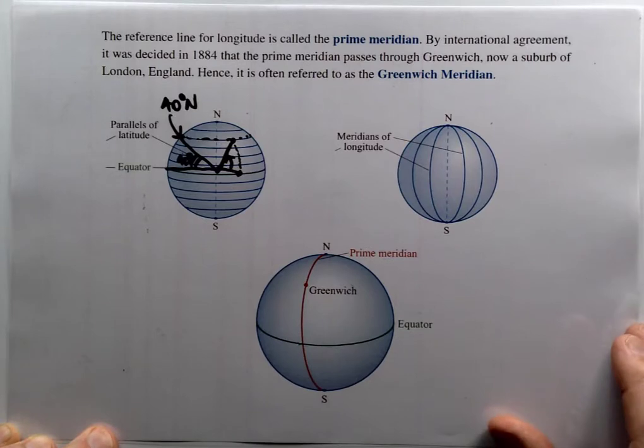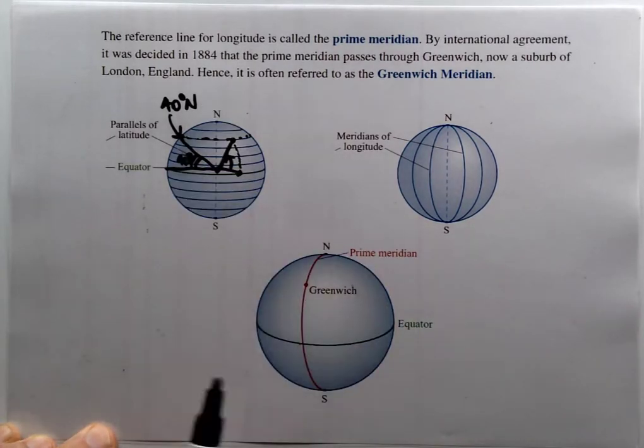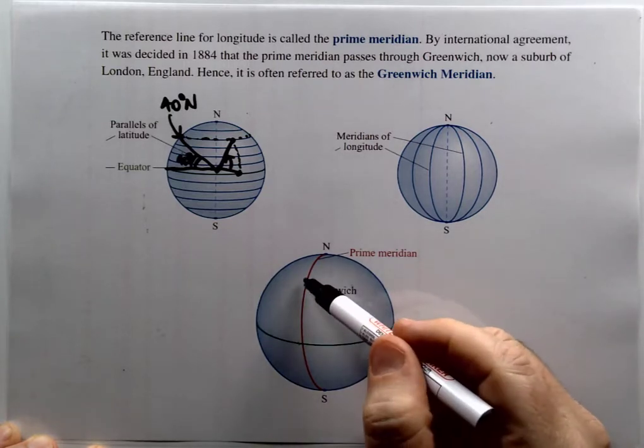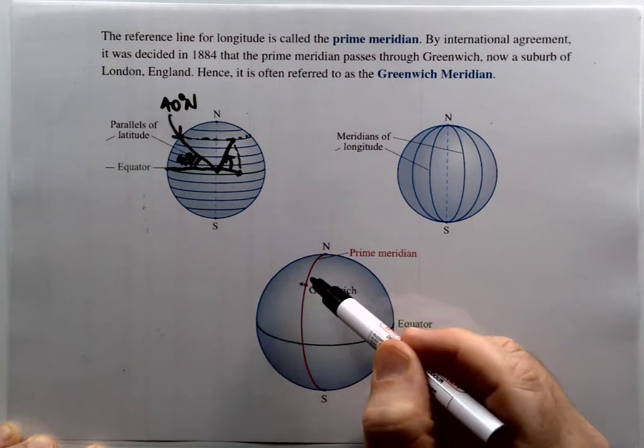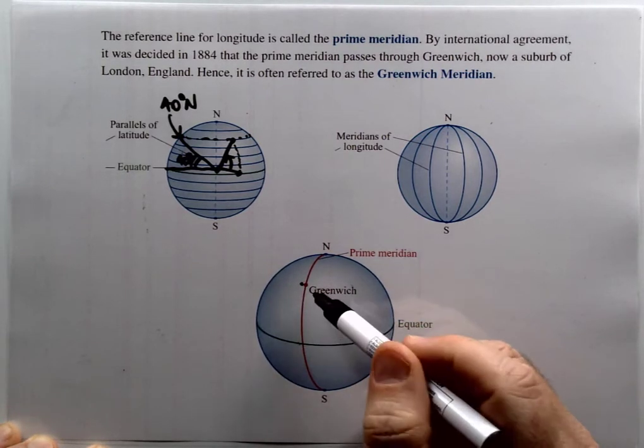Well, if you go back to the 1800s, 1884, this was decided. The predominant power in the world was Great Britain. They had the British Empire, and so they basically got to decide how it was going to be sorted out. And if you were to go to London, Greenwich is now a suburb of London.